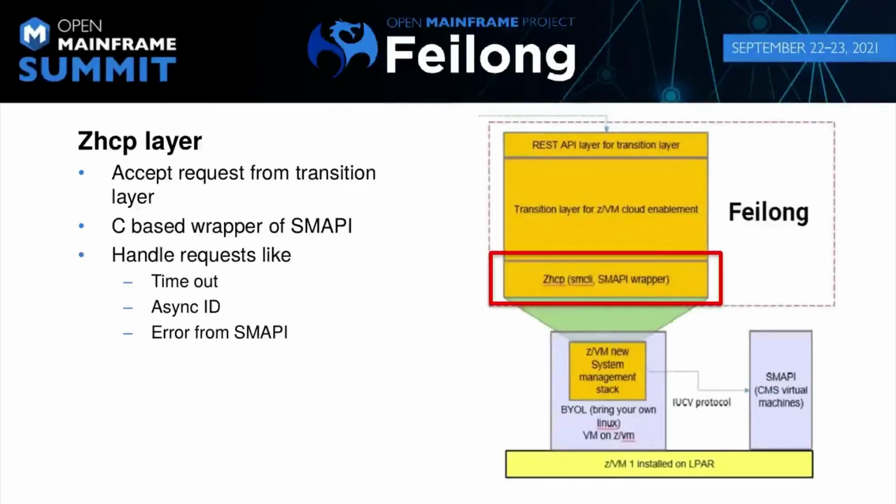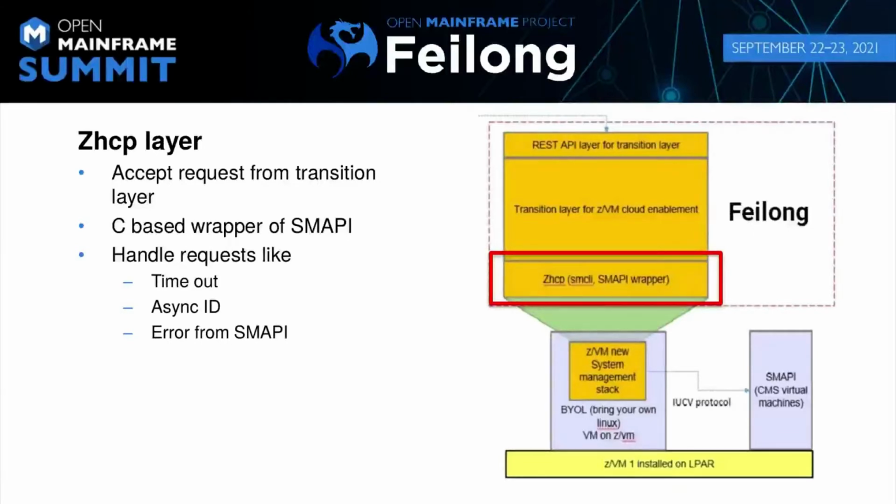The ZHCP layer will accept the request from the transition layer, and the ZHCP layer is the only layer that is written in C and has a C-based wrapper for SMAPI. The other two layers that we spoke about are both written in Python, but the C layer handles the requests and does things making sure that timeouts are taken care of, asynchronous IDs.